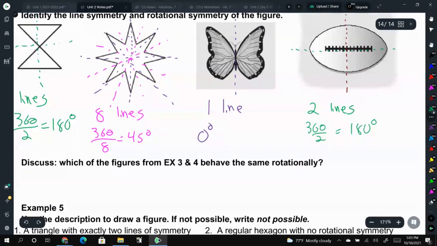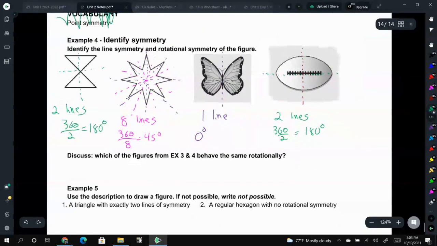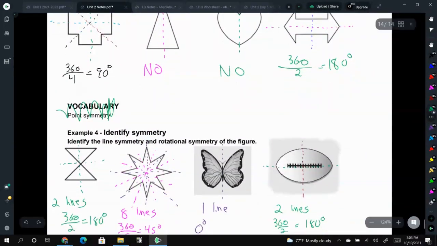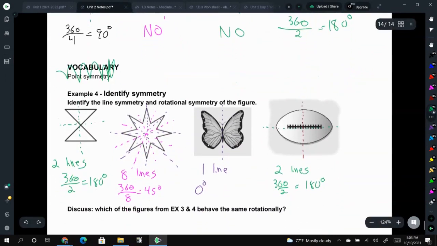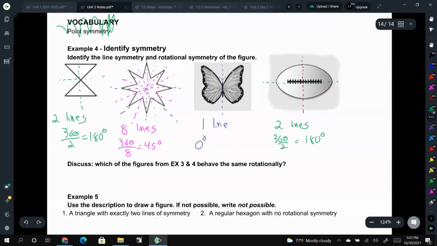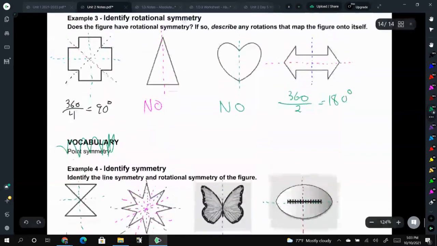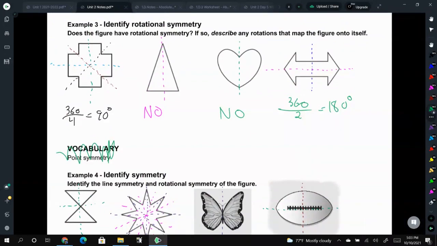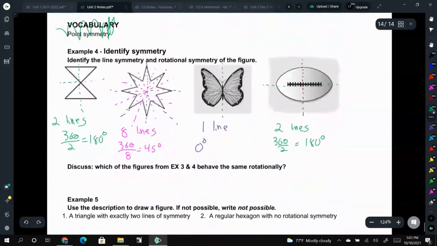What about here? Which of the figures from examples 3 and 4 behave the same rotationally? Well, the arrow, the football, and the triangle thing, the inverted triangles, those behave the same rotationally of 180 degrees. And then the triangle, heart, and butterfly all have 1 line of symmetry, but no rotational symmetry.